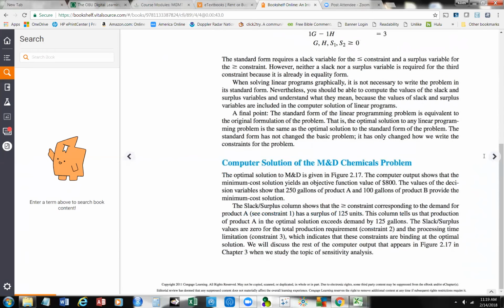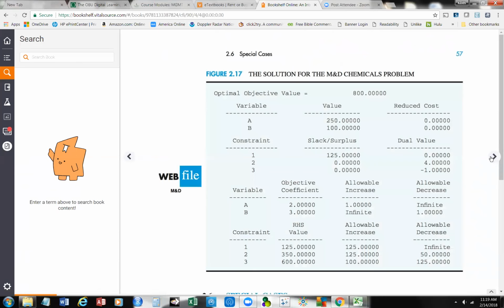And then they show you the computer solution of the problem as per the book. Again, here we see this is from that file, the LINGO tool that they use. But here's the variable, here are the values of what we've produced. And we haven't reduced the cost any. Do we have a dual value? Yes, we do. For constraint 2, for every change in constraint 2, we add 4 units. For every change in constraint 3, we reduce by a unit.